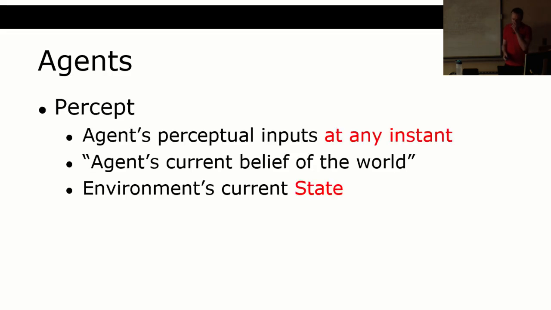So a percept of an agent is the agent's perceptual inputs at any instant. And so it's kind of the agent's current belief of the world, and we call this the environment's current state. So think of, if your only input is visual, if you have a camera, then a percept would be a still photo, right?